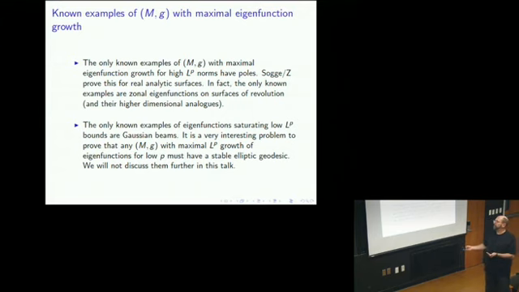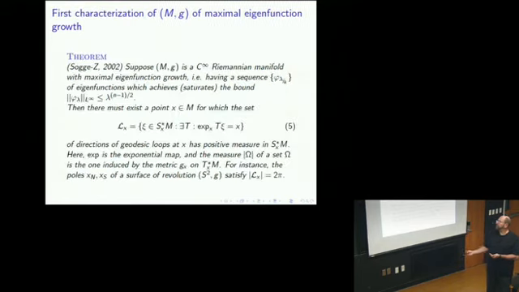In fact, most of those guys do not have maximal eigenfunction growth, but that's the status at the moment. And the only known examples of eigenfunctions saturating the low LP norms are Gaussian beams of elliptic closed geodesics. But this is a wide open statement. Nobody has any real technique for trying to prove this right now.